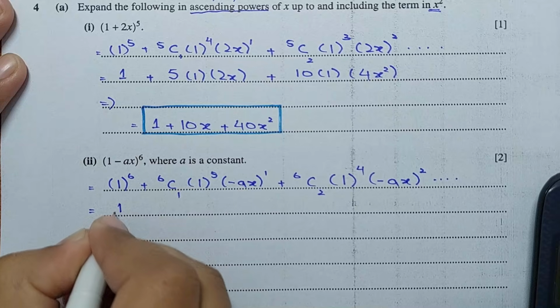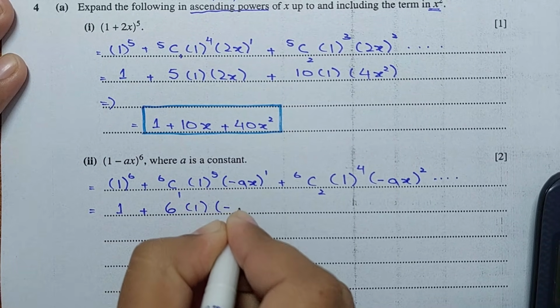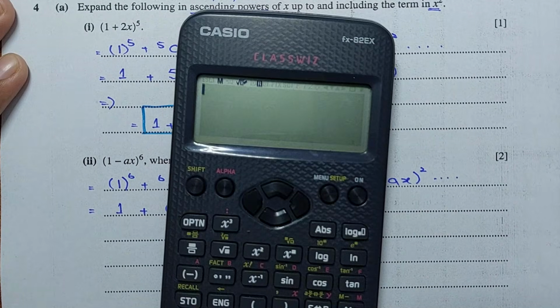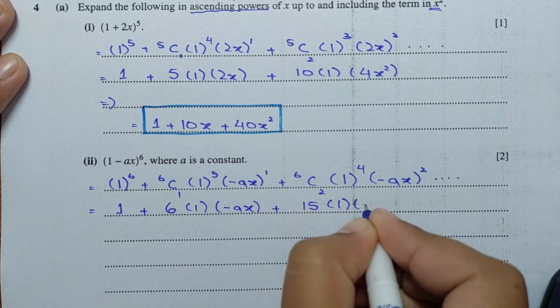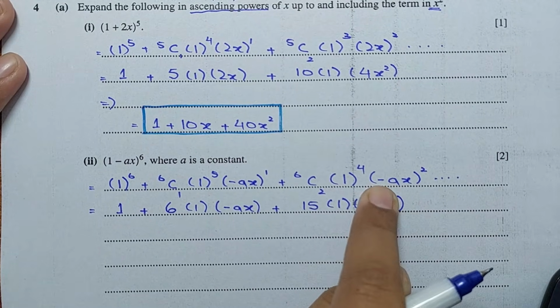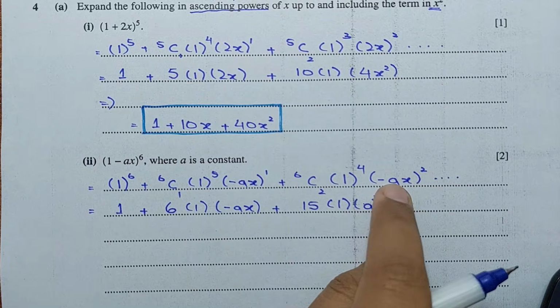Now 1 to the power 6 is 1, 6c1 is 6, and this is minus ax. 6c2 is 15, 1 to the power 4 is 1, and minus squared is positive, so a square x square.